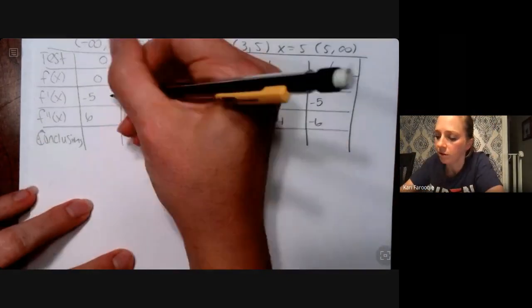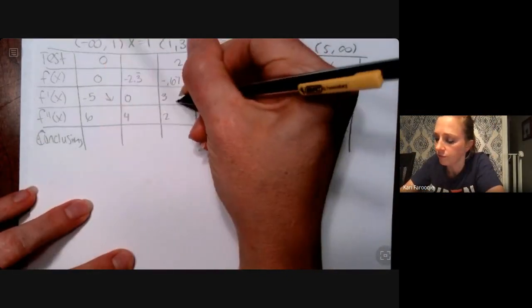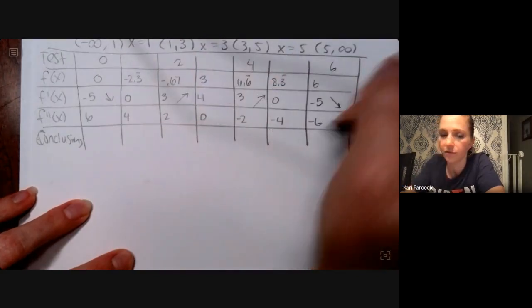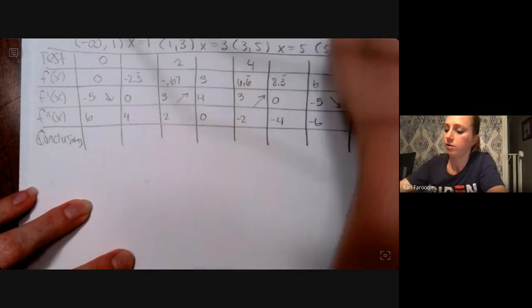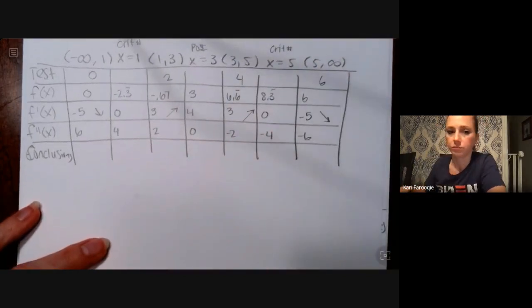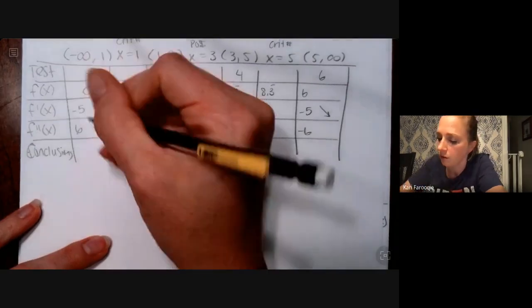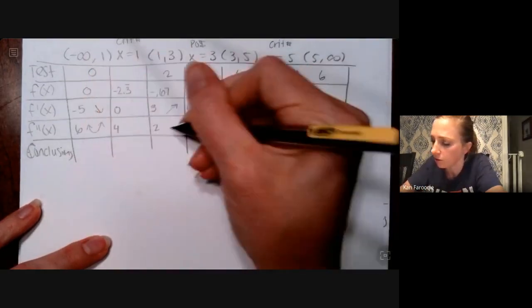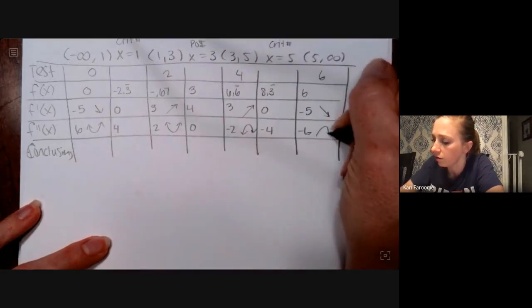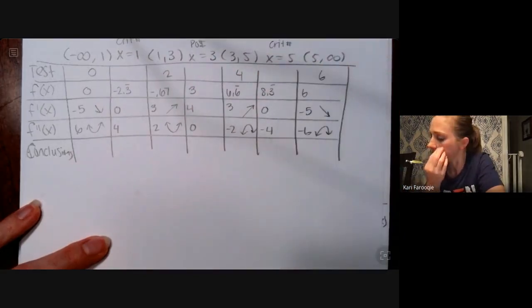Okay. Decreasing, increasing, increasing, decreasing. Concave up, concave up, concave down, concave down.